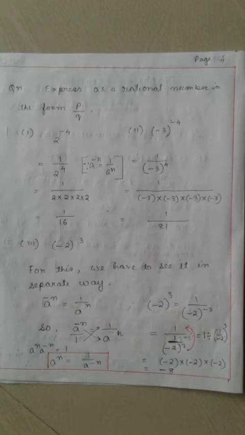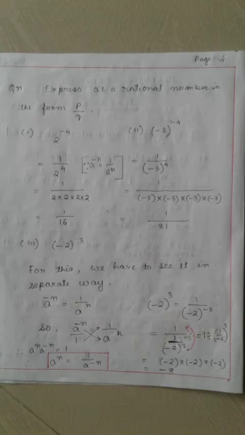In question number 2, minus 3 to the power minus 4. So it is 1 by minus 3 to the power 4. 1 by 4 times minus 3 multiplication, that is 1 by 81, because the number of negative signs here is even, so we have a positive answer.